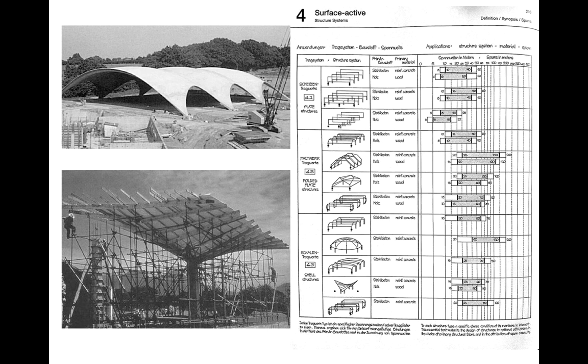And again, we'll be using surface active structures in cases where we're not worried about head height, where we've got plenty of space above us and we're really trying to make a big volume space, right? Something that has a lot of height and a lot of span to it and isn't necessarily going to be stacked one on top of the other.